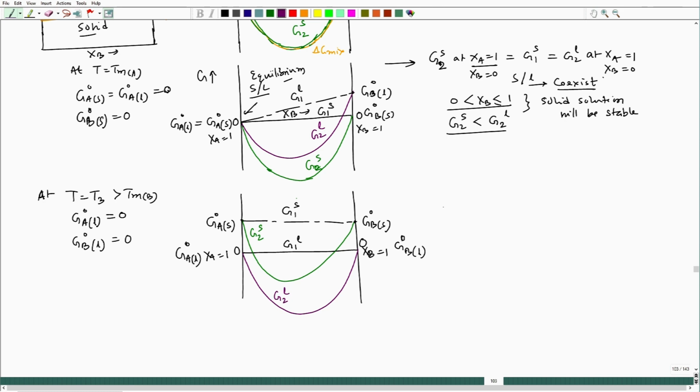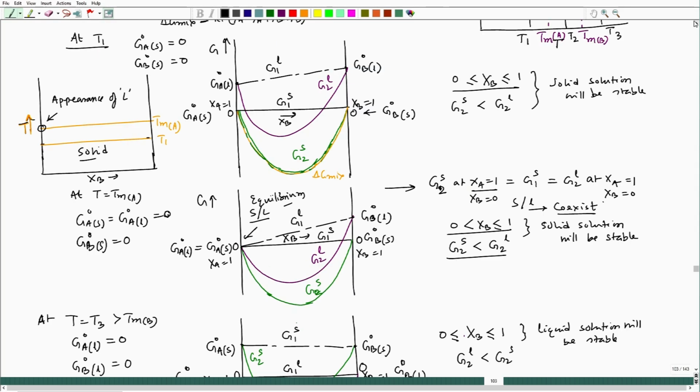I see that in the composition range XB less than or equal to 1 and greater than or equal to 0, G2 liquid is less than G2 solid. It suggests that the liquid solution will be stable over the entire composition range.